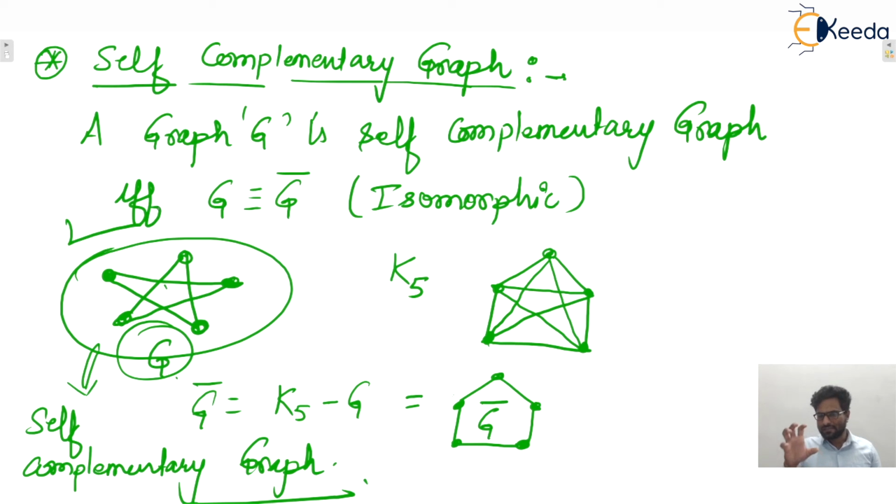First we see whether this one is self-complementary. Yes, it is, so the number of vertices is guaranteed to be 4x or 4x plus 1. Here it is 5, which is 4 plus 1, a multiple of 4 plus 1. So yes, verified. You can check easily.